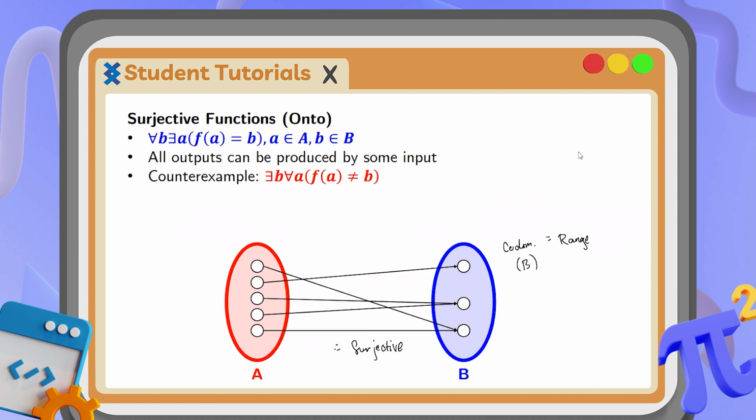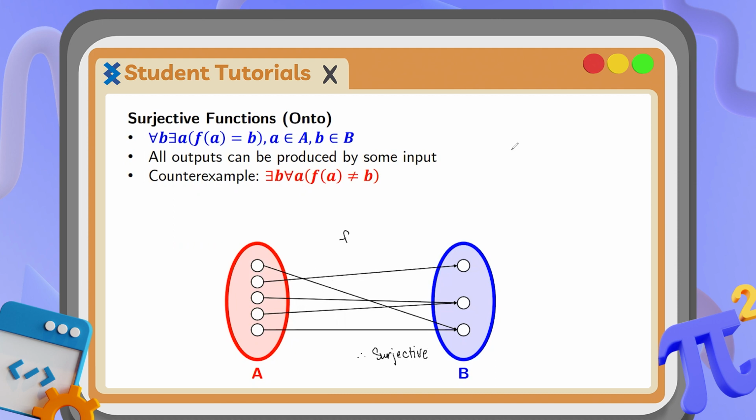So let's proceed to another example. So here, we have a function which maps every input to some output in B. So since all elements in B are being mapped by some value, we can say that this one is surjective.